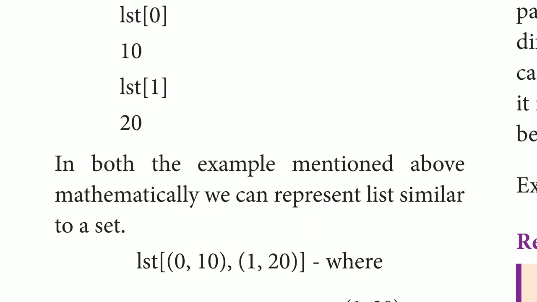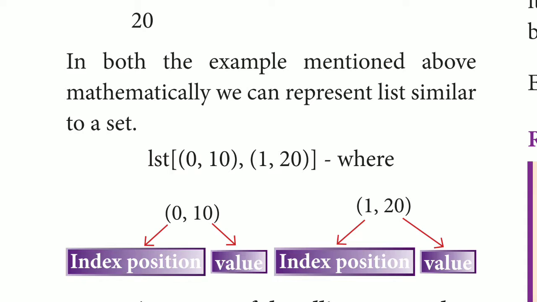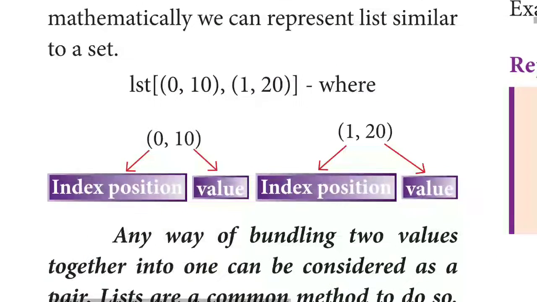In the example mentioned above, mathematically you can represent it like this: lst 0, 10 is one value, and 1, 20 is another value. Here 0 is the index position. To identify the value 10, you can refer to it with the index position 0.